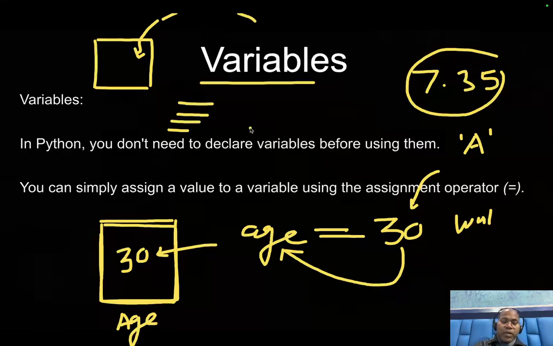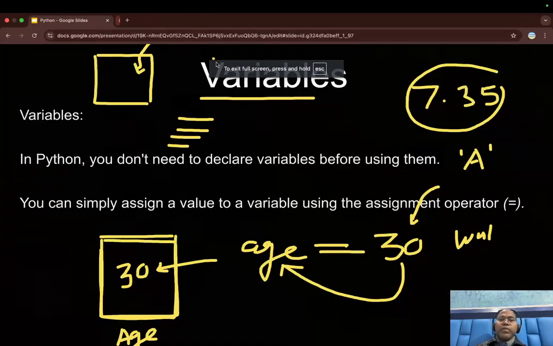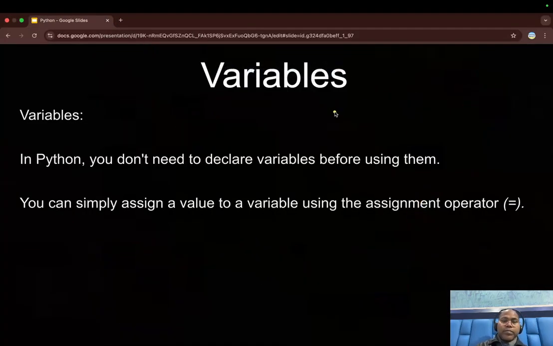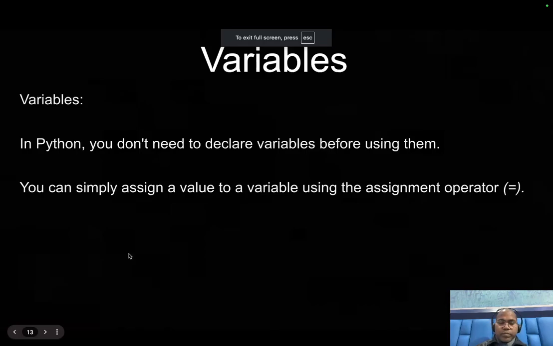So we should clearly understand the variable. The variable is a very key understanding in a programming language.